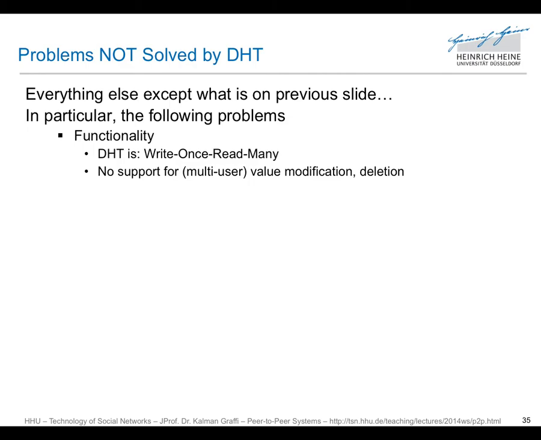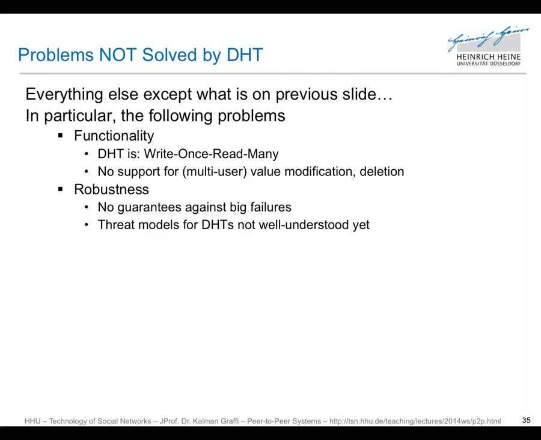But what is not solved is, for example, that you can write the data item many times, or value modification. So it's up to now really just write once. Once you store under a specific key the value, and then you read it many times. So we would like to also be able to change the content, or to update it, or to replace it.